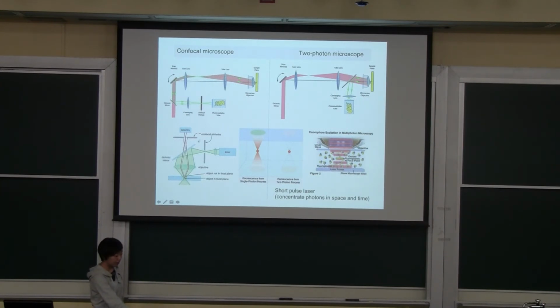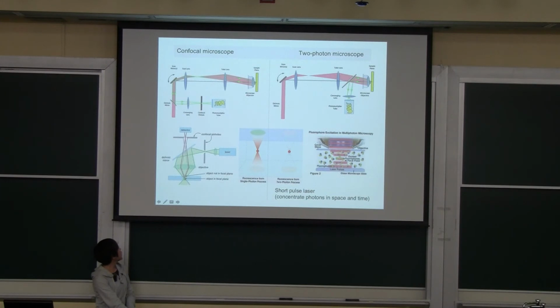So imagine what you want to do is to excite only one specific layer in your sample. For example, a cortex has different layers, and you only want to excite some deeper layer, but you don't want any interference from upper layers. By this pinhole, you can reject any emission light from the upper layers. If you look at this diagram, only this is the point you want to excite and collect.